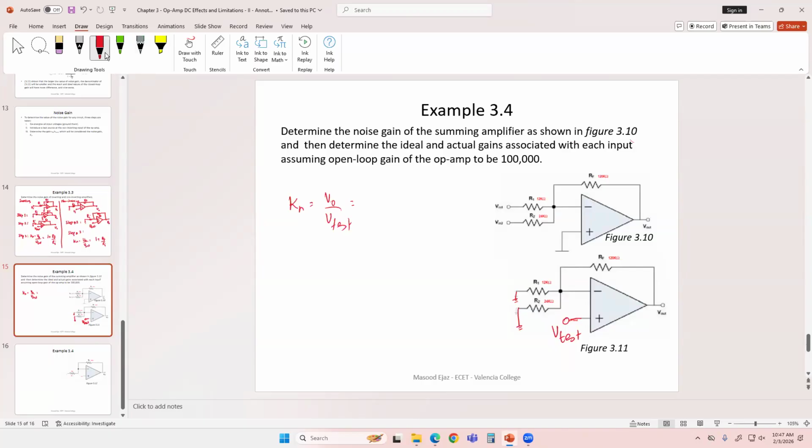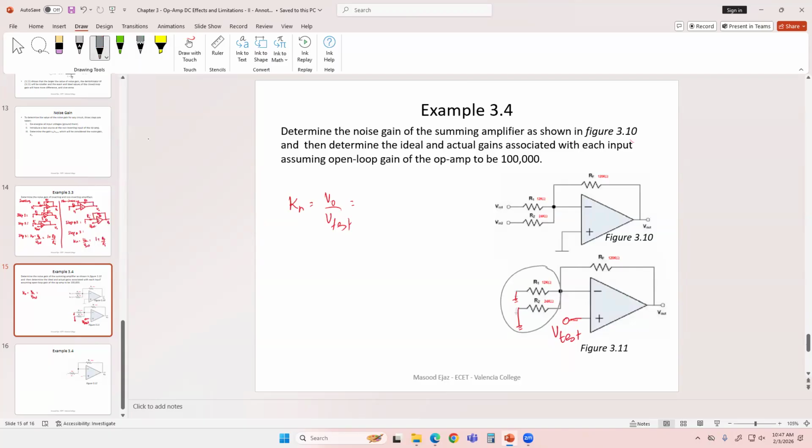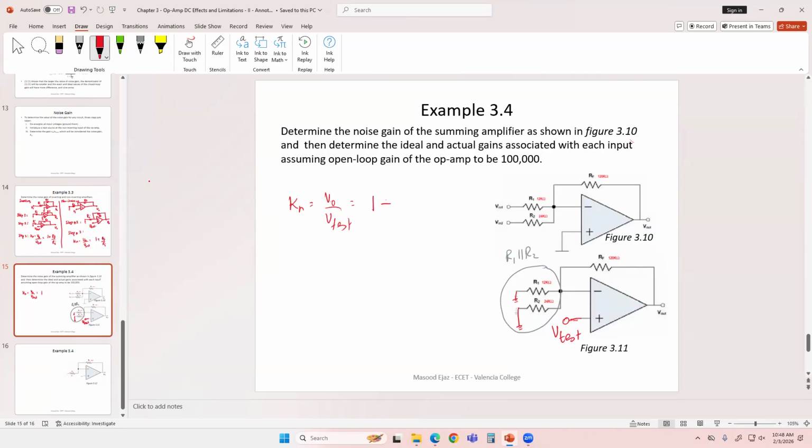So these 2 are parallel to each other. If I replace them by R1 parallel to R2, then it becomes a non-inverting amplifier, and the gain of that is simply going to be 1 plus RF over R1 parallel to R2, which is the input resistance.